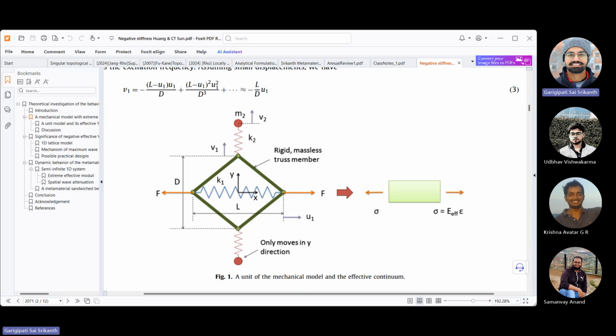So we have to take the length of each truss member to be constant.